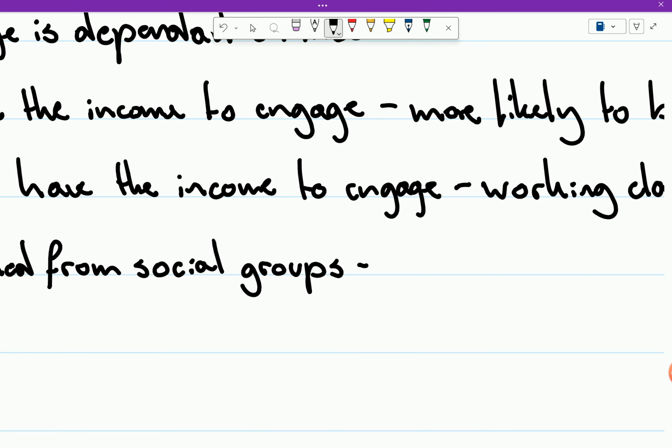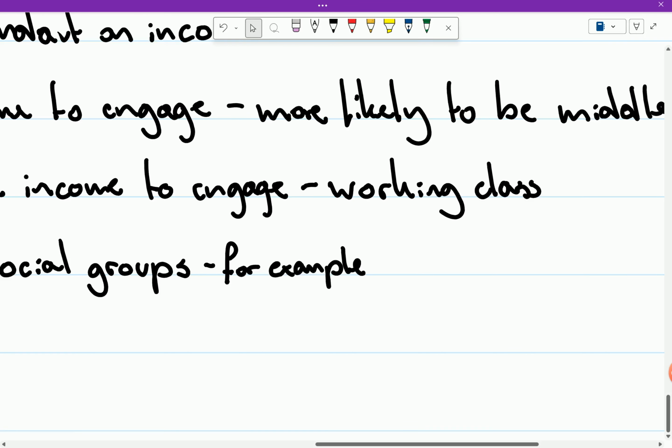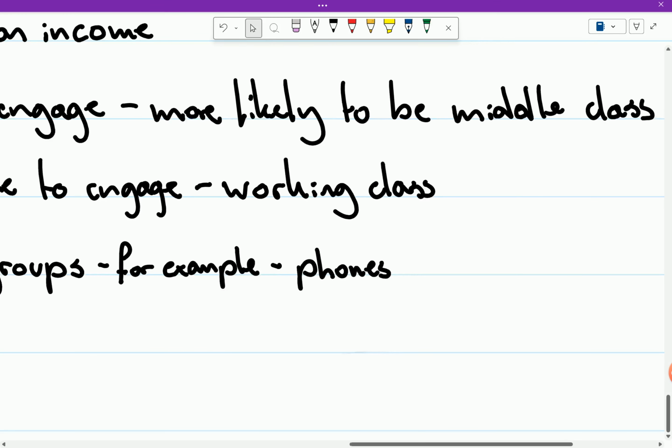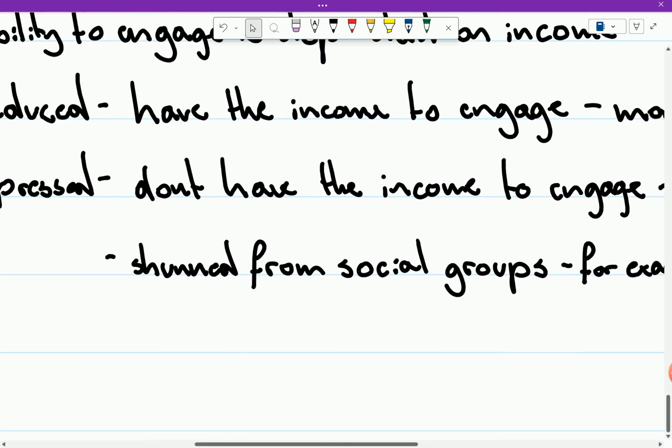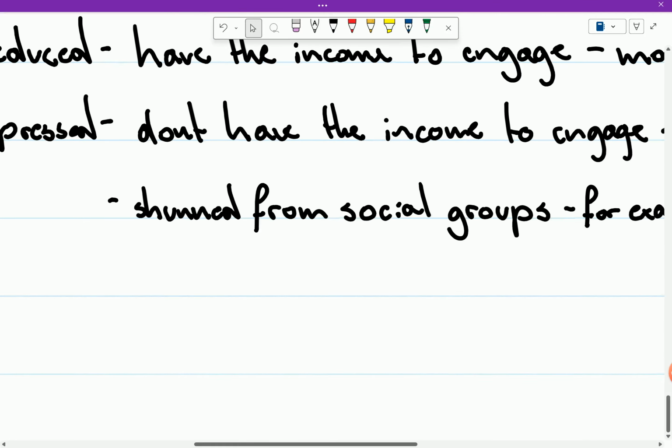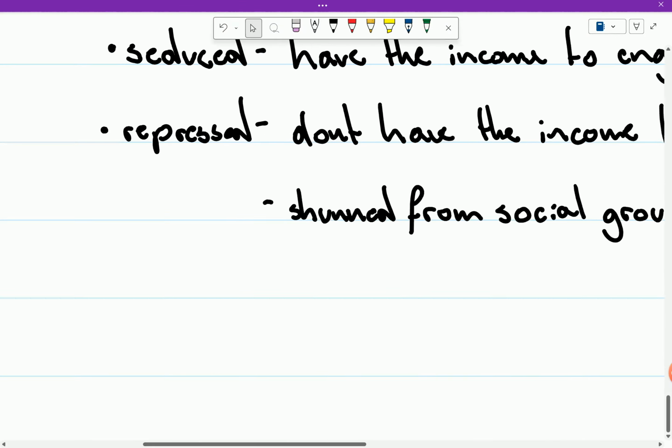So, for example, not the latest mobile phone or designer brands. The only way that they can fully engage is if they are willing to go into some sort of debt.